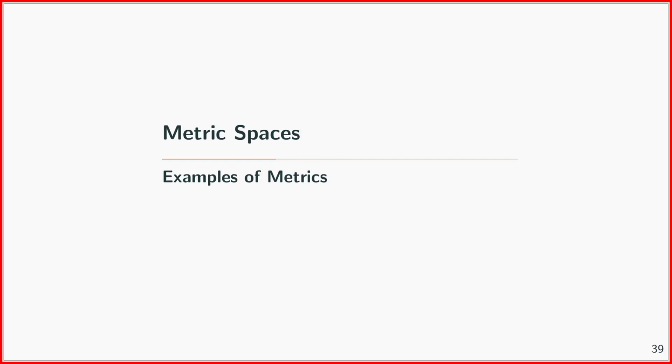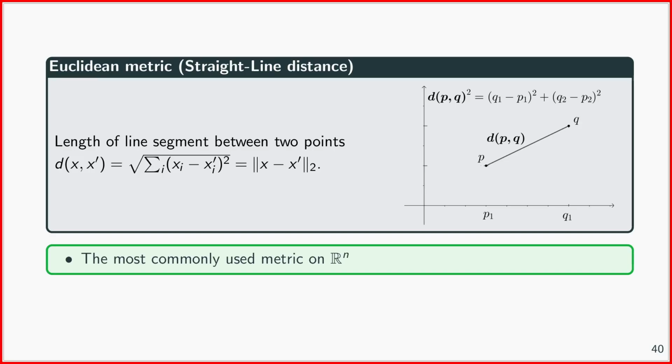Let me give you some examples of metrics. So I guess the most well-known metric is, of course, the Euclidean metric, the straight line distance. So if you are in a Euclidean space, then of course, if you have two points, one distance which you can choose is just a straight line between those two points. I guess you have all seen this, and this is really the most commonly used metric on R^n.